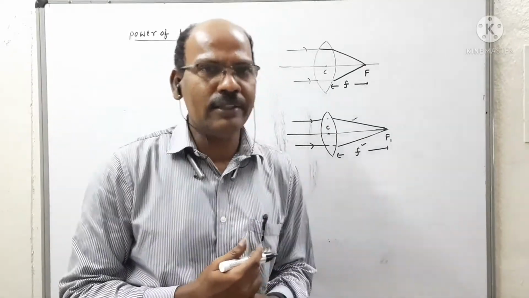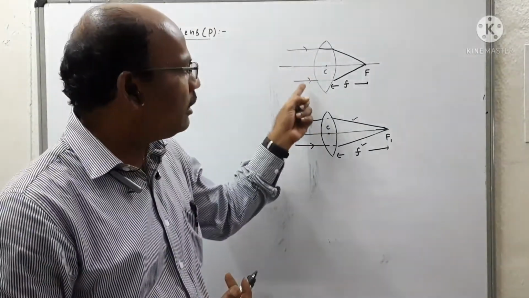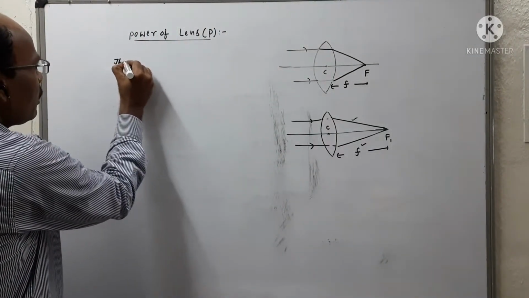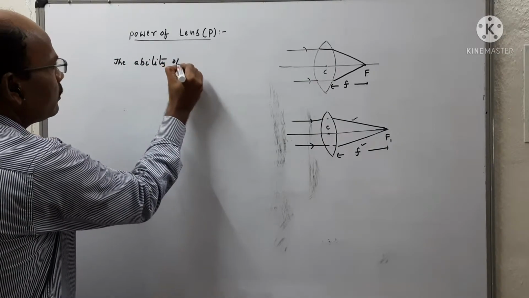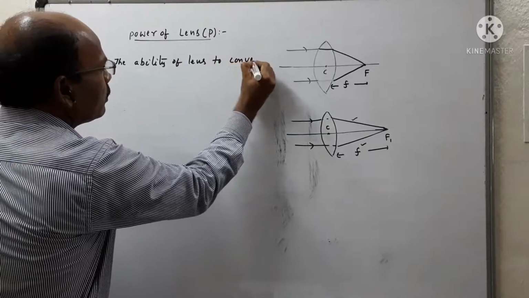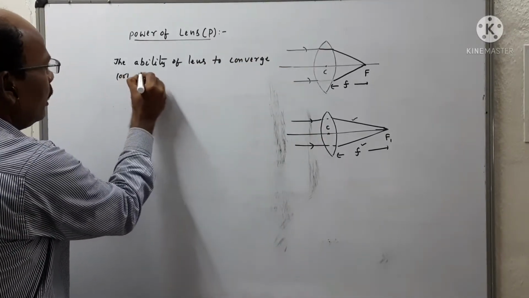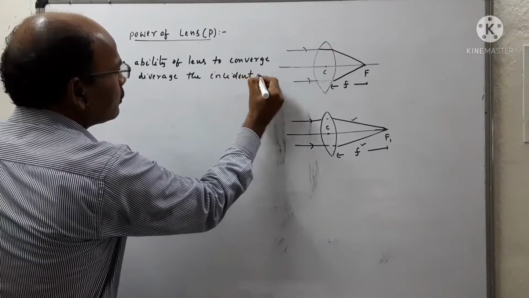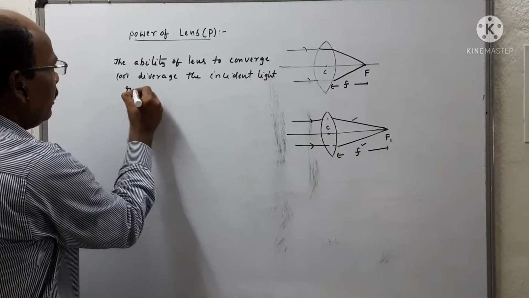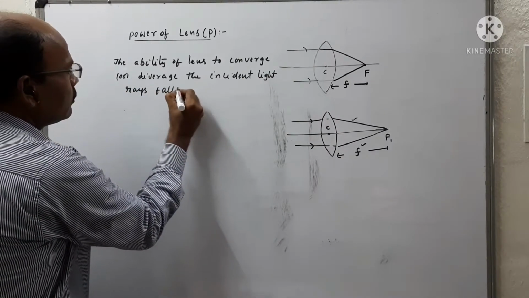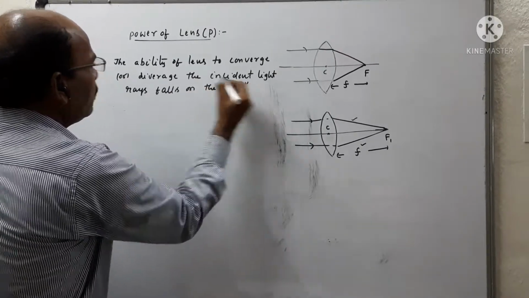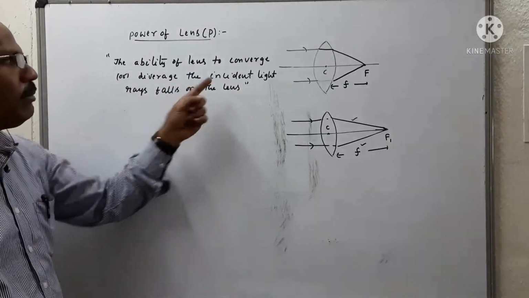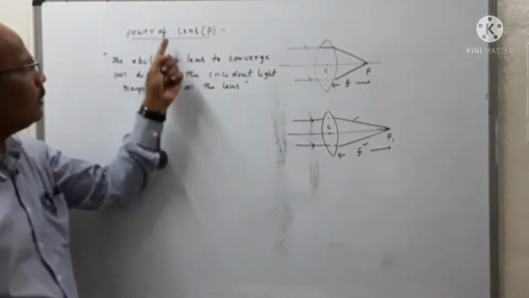So the ability of the lens to converge or diverge the incident rays is called the power of the lens. How can we define the power of a lens? It is the ability of a lens to converge or diverge the incident light rays falling on the lens.